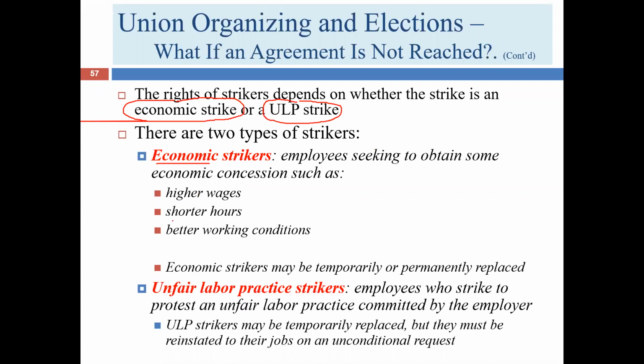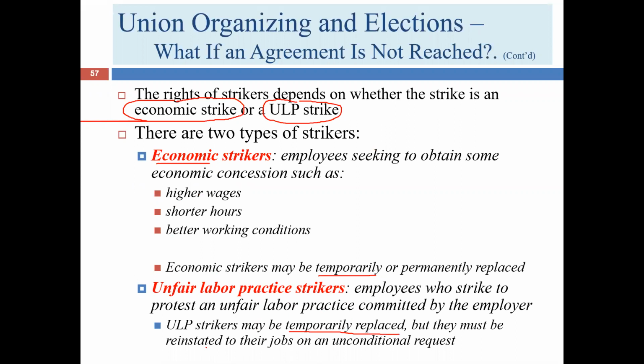So the difference is that an economic striker may be temporarily replaced. That's also true for ULP strikers. They can be temporarily replaced. And by that I mean while the strike is ongoing, the employer can hire other people to do the work. So let's say Bob is picketing outside.